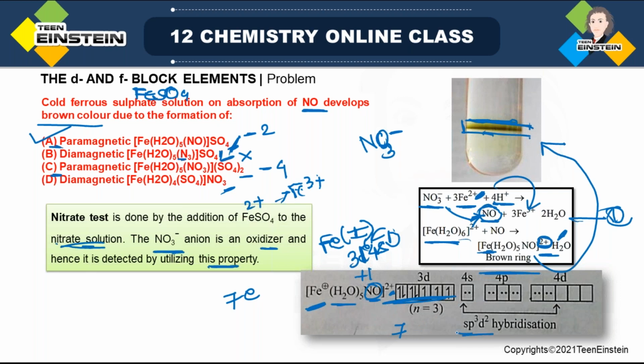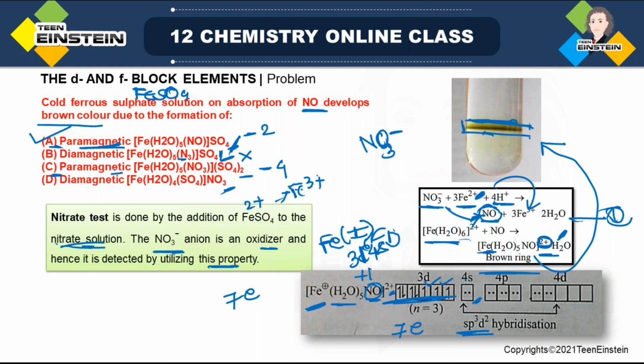Because we need sp3d2 hybridization for octahedral geometry, and for that we need a vacant 4s. So the electron from 4s is transferred to 3d, and you have a total of 7 electrons in 3d, and there are 3 unpaired electrons, which is responsible for this paramagnetic behavior.